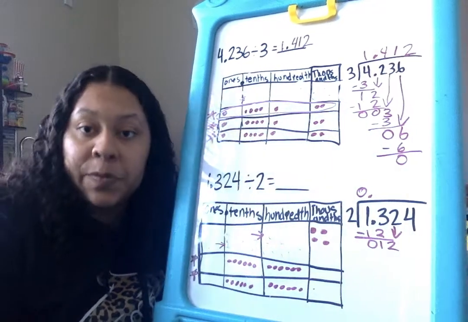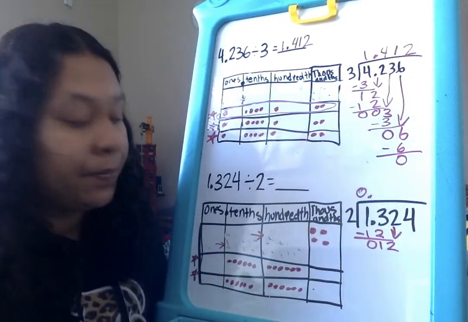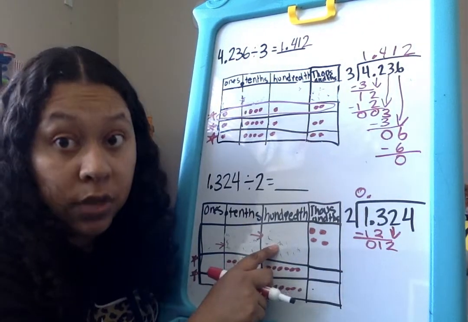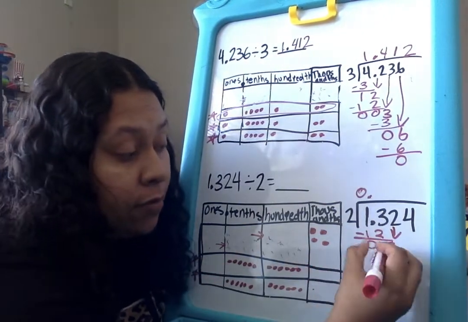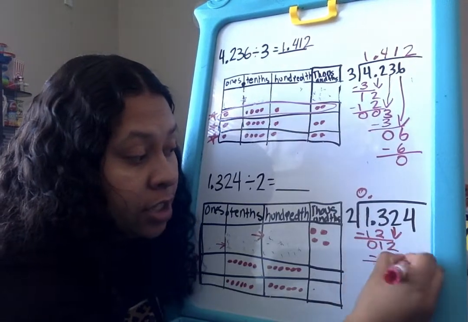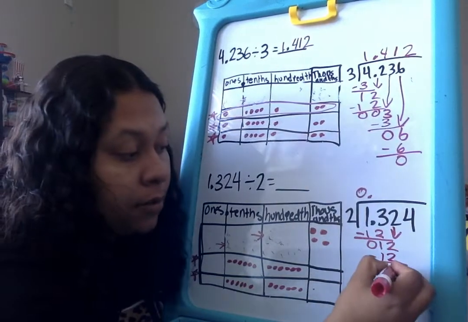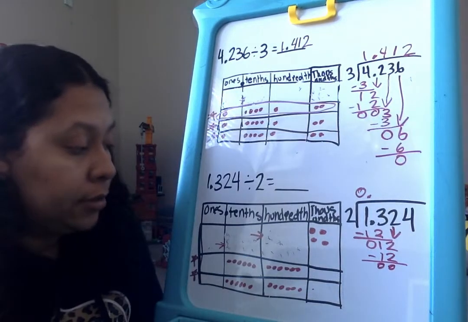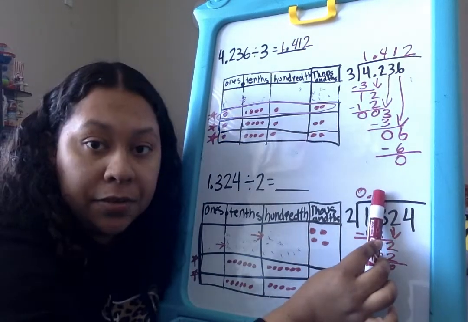Okay, that time we were able to share all of them out. So now if we had 12 hundredths and we shared out all 12 hundredths, then we have 12 minus 12, which gives us 0. 0 left over. So now, I forgot to plug this in over here, sorry.